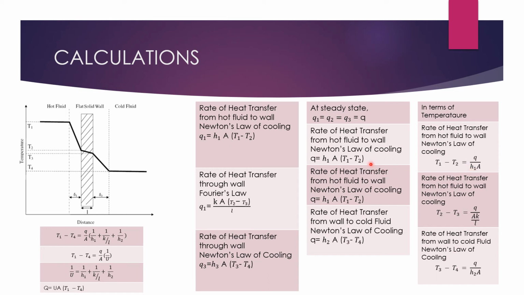So that we will get this equation in terms of T1 minus T2, that is temperature gradient. Similarly, we are going to get these two equations also in terms of temperature gradient, and hence we will get this equation. So what we have done is just keep the temperature term on one side and all the other terms on the other side.